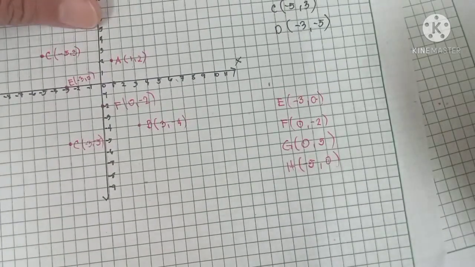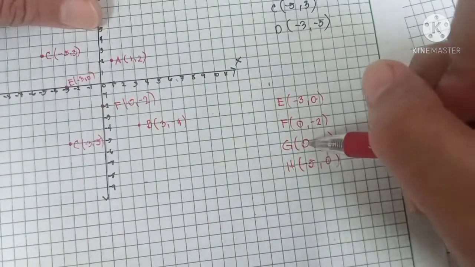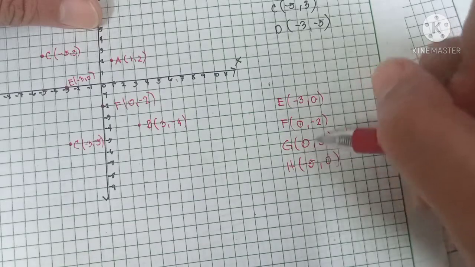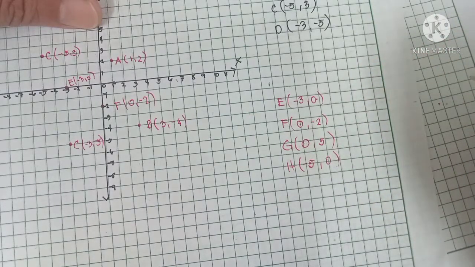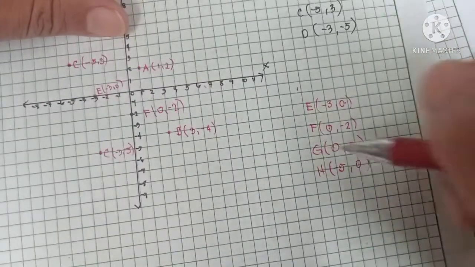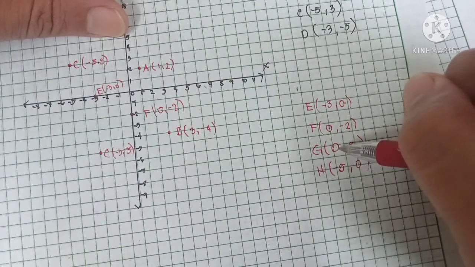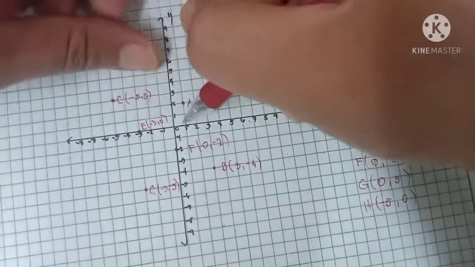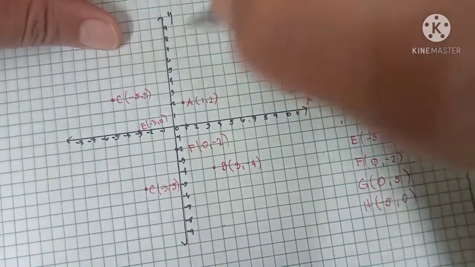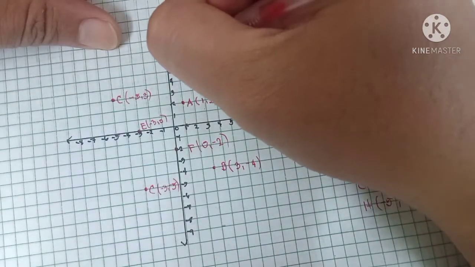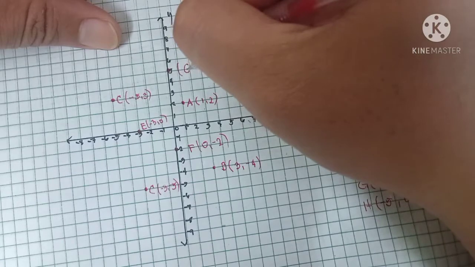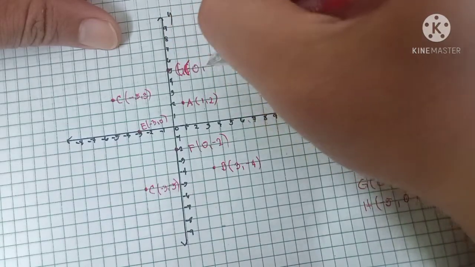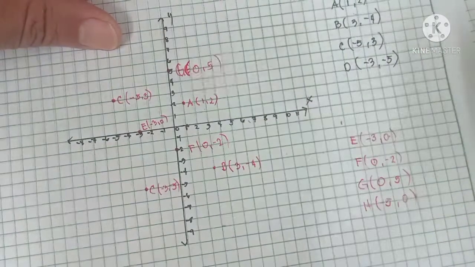Next is our G, 0, 5. Again, X is 0 and Y is 5. So therefore, it is located above. And this is our point G, 0, 5.